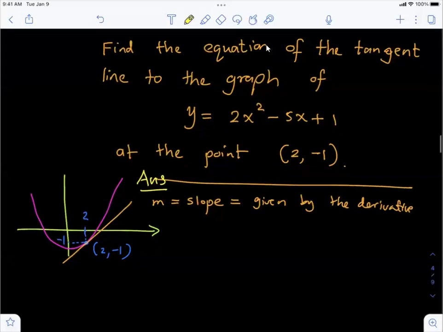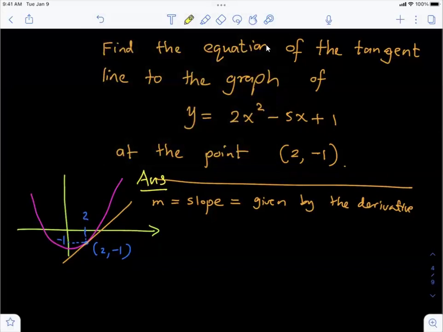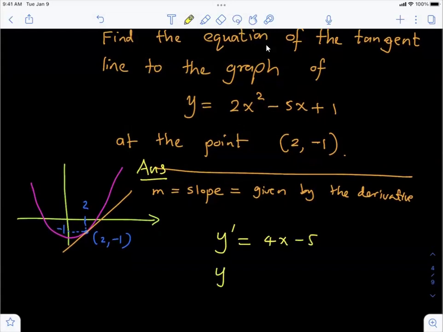First of all, now this is what I'm going to do. I'm not going to worry about any of these graphical illustrations. All I need to do is to compute y prime, the derivative, that is going to be 4x minus 5. But don't forget, I need y prime when x equals 2.